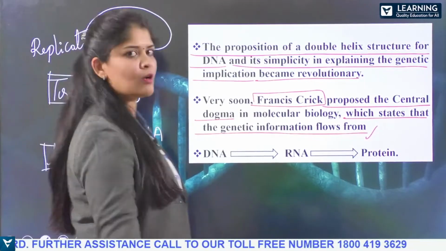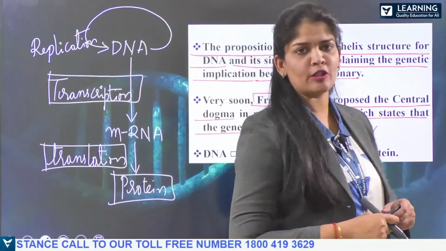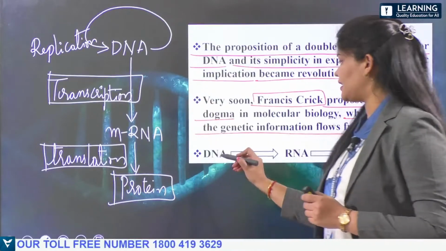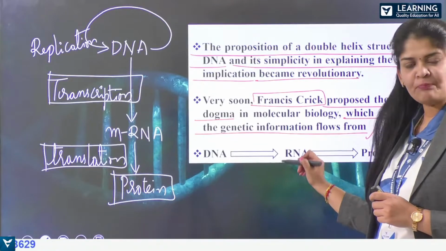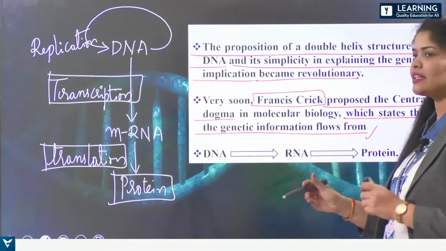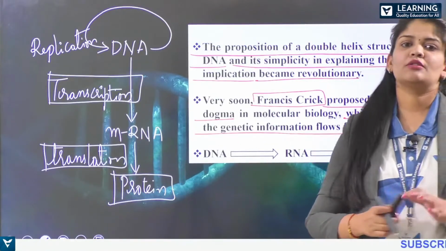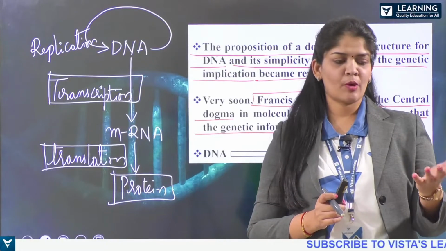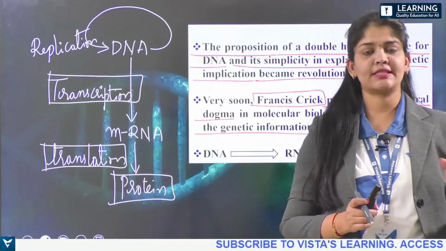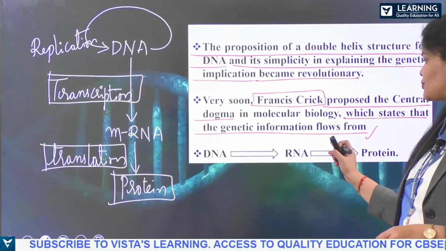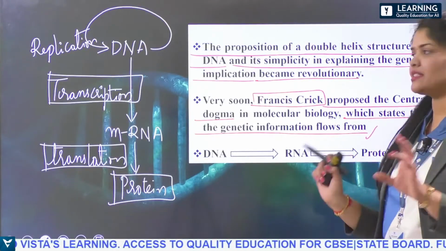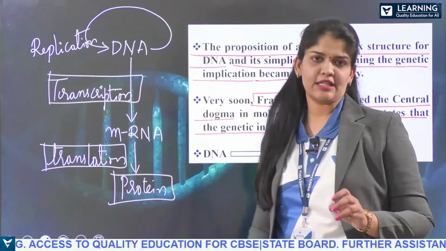This is the whole central dogma of molecular biology: DNA, transcription forms mRNA, which carries the information on how the amino acids are sequenced in protein synthesis, so we have transcription and translation.